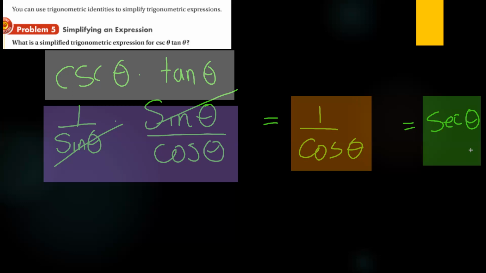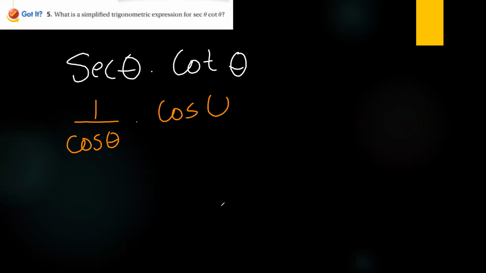Okay, teacher, thank you. Let's solve another example now. This is much easier than verifying. Yeah, exactly. Now, here secant times cotan. What's the meaning of secant? Secant is 1 over cosine, and cotan is cosine over sine.